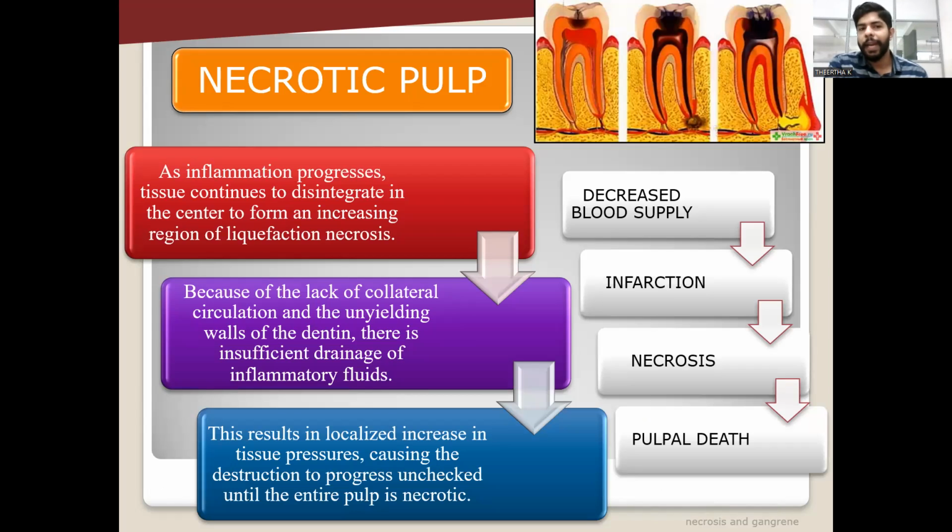Because of the lack of collateral circulation and the unyielding walls of the dentine, there is insufficient drainage of the inflammatory fluid. This results in localized increase in the tissue pressures, causing the destruction to progress unchecked until the entire pulp is necrotic. In short, decreased blood supply causes an infarction, which leads to necrosis and ultimately the death of the pulp.